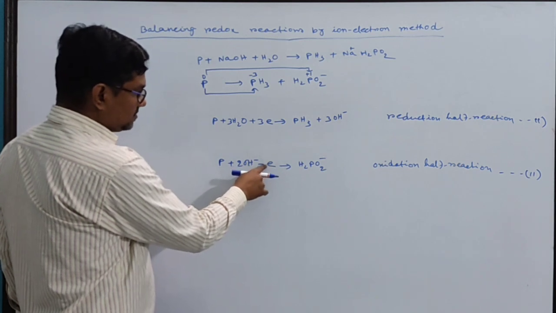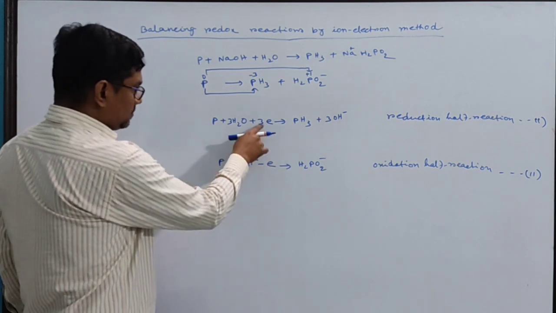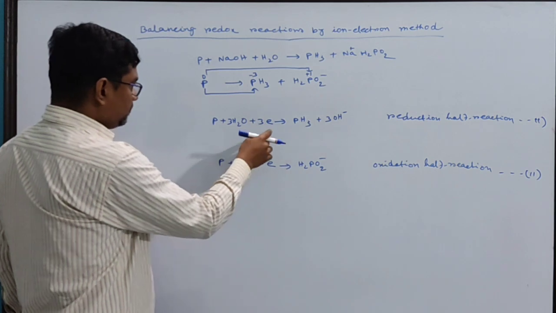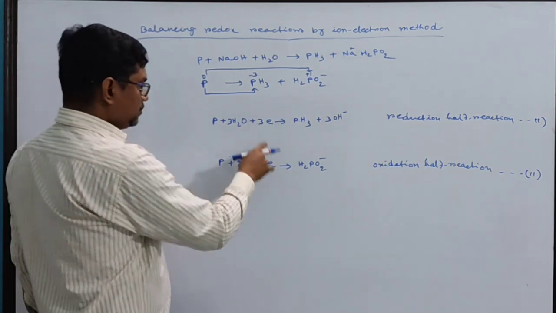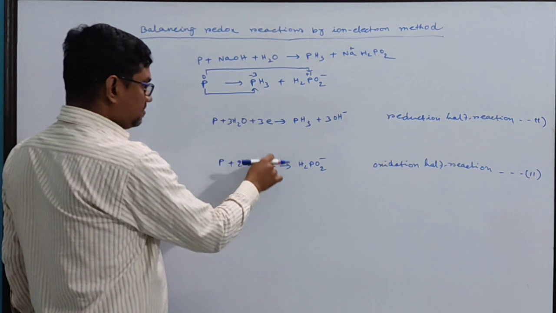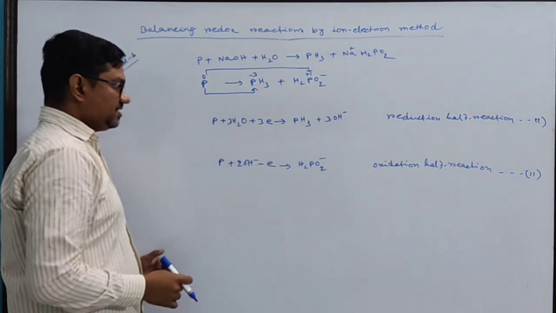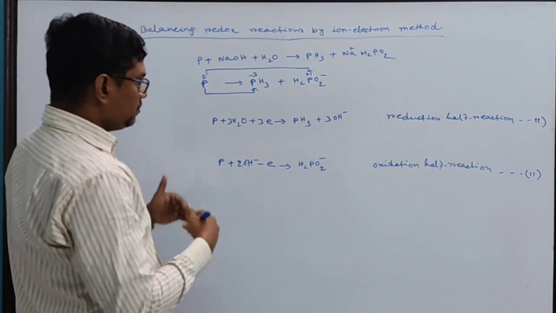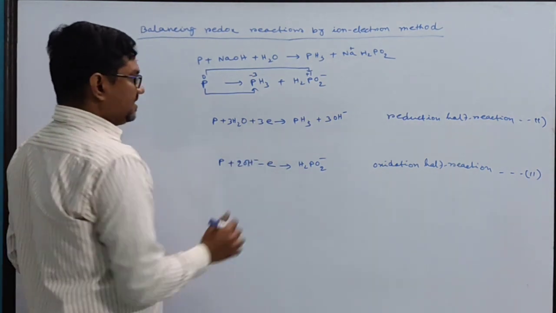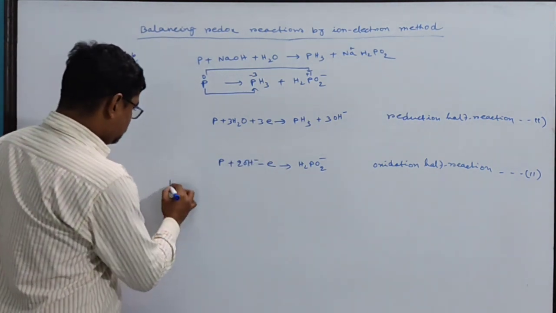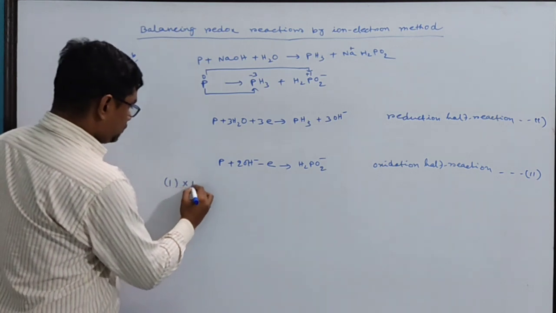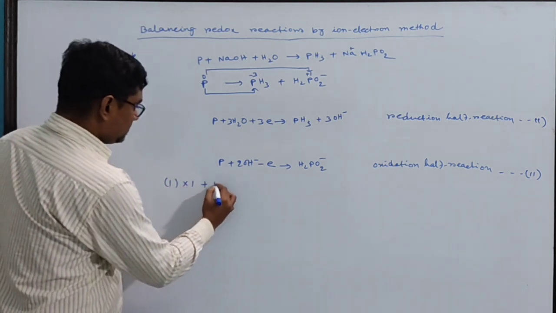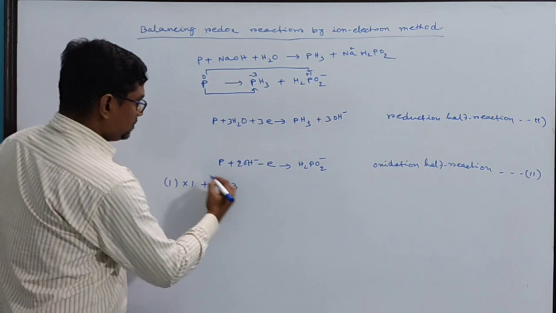Here it is 1 and here it is 3. So if we multiply reaction number 1 with 1 and the reaction number 2 with 3, this will give the equal number of electrons in both the reactions, and when we combine, this will be cancelled out. Okay, so number 1 into 1 plus number 2 into 3.